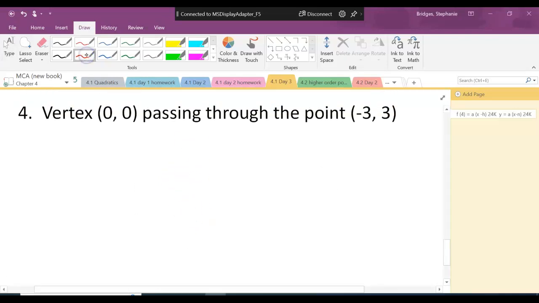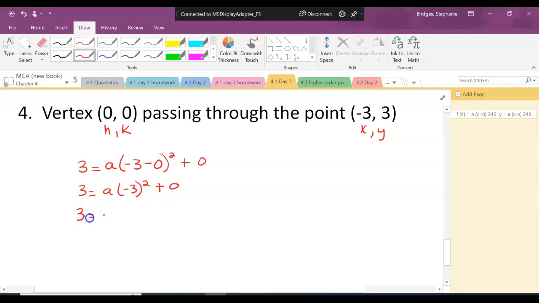All right, try this last one. All right, so again, the vertex is h and k. The ordered pair is x and y. We're plugging that into our vertex form, so y is 3. We don't know a. X is -3. H is 0. K is also 0. So inside my parentheses, first, what's -3 minus 0? Okay.